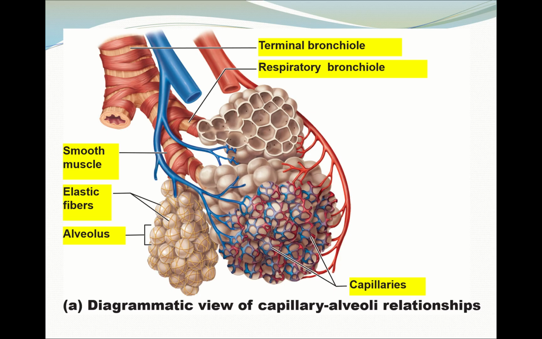So here's where the magic happens. We can see the smooth muscle; remember, we start losing our cartilage. And we're also going to learn that one of the reasons we increase our smooth muscle, decrease our cartilage, and narrow our airways is to slow that passageway of air down. Because we want, when it hits the alveoli, to basically be static so that we can get the maximum amount of gas exchange.